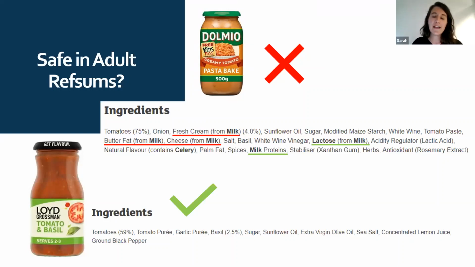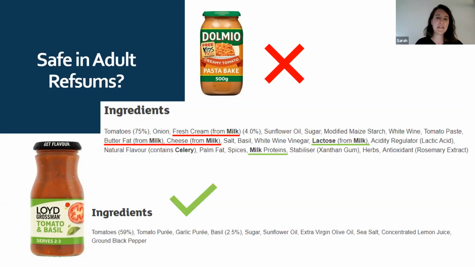I have highlighted in green two ingredients that do come up, but actually are fine. Milk proteins would be okay. They again are just the protein portion of the milk, so don't contain the fat, similar to whey protein. And lactose from milk is just the sugar part of the milk. So those two are okay, but if there are any products that are red, then that product needs to be avoided.